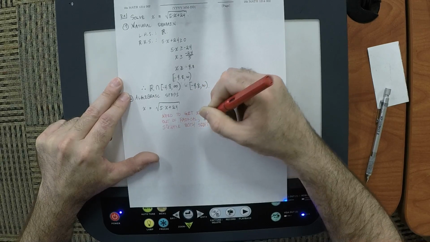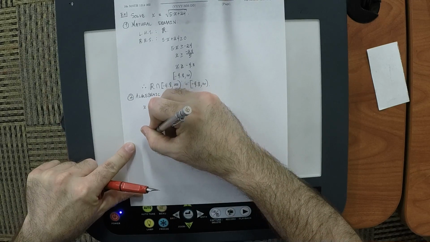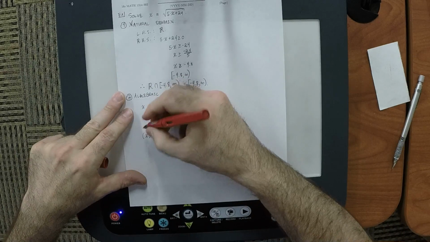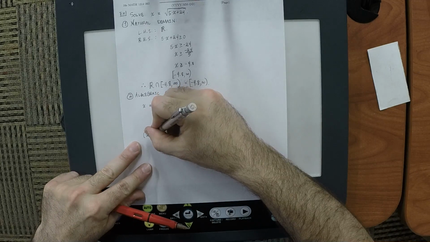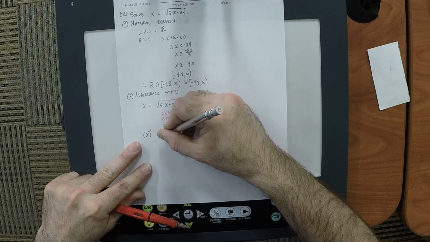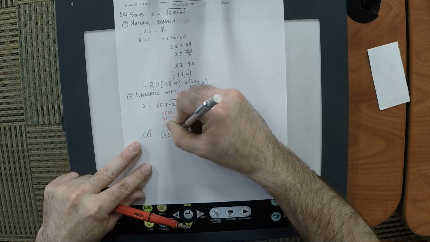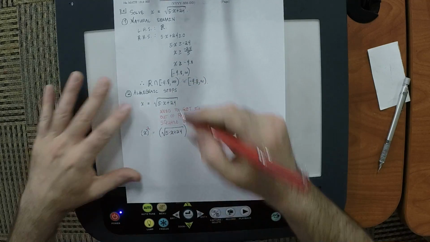So you're telling me that we're going to take this equation, take the left-hand side and square it, and take the right-hand side and square it.